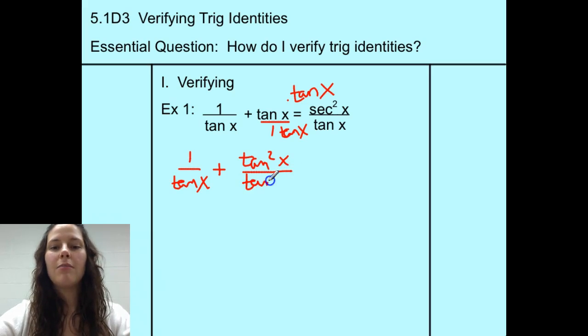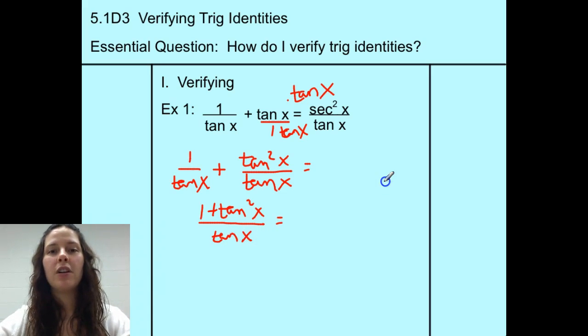Once we have those common denominators, then we can add our fractions. So in the numerator, we get that 1 plus tangent squared. I hope you recognize that that looks like a Pythagorean identity. Off to the right here, we're going to manipulate that Pythagorean identity. It's tangent squared equals secant squared minus 1.